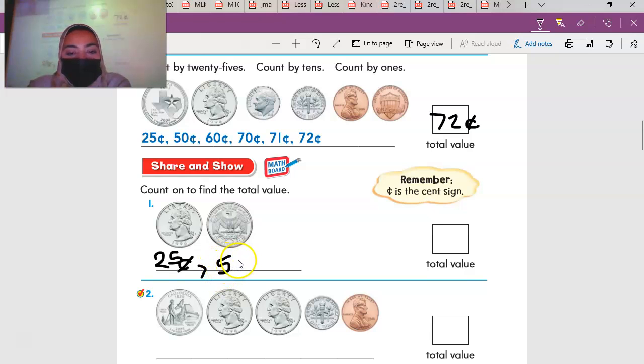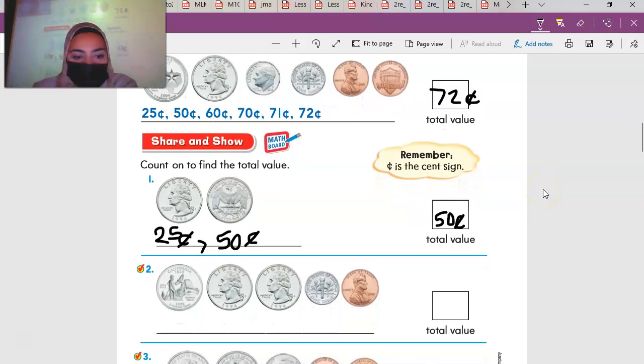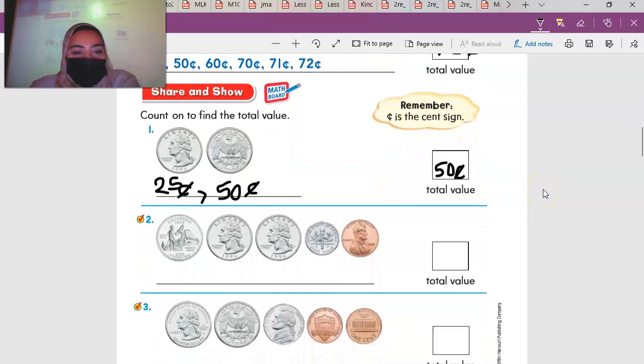So now I'm going to write what? 50 cents. So what's the total value of these coins? 50 cents. And remember, the C with a line through it is a cent sign, 50 cents. All right, moving on.